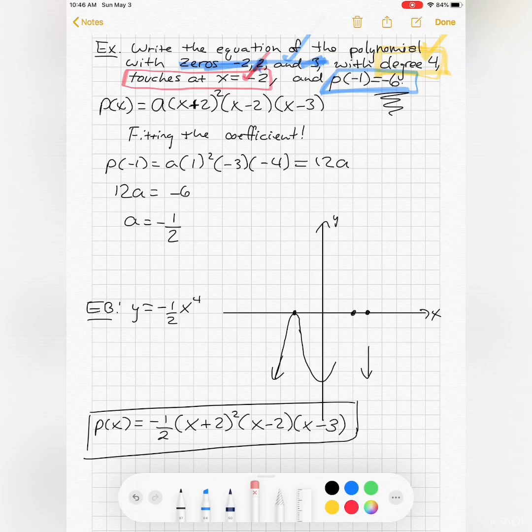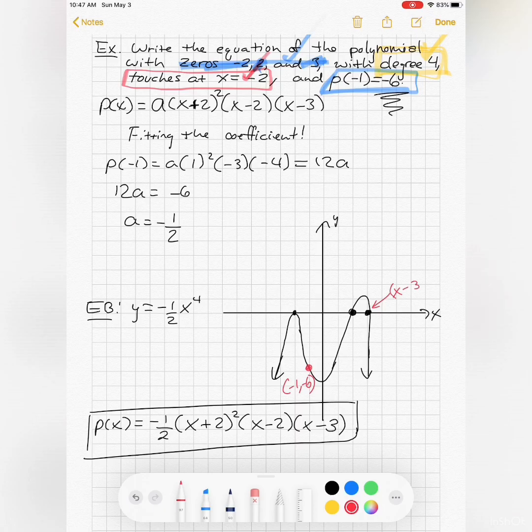What does the graph do at 2 and 3? It crosses like a line. So something like that. Okay, so I was just going to say, another way this problem could be presented is they could have given you this graph and said write the equation of this polynomial, and then labeled this one point over here as -1, -6. Then you would have had to say, okay, here's x equals 3.